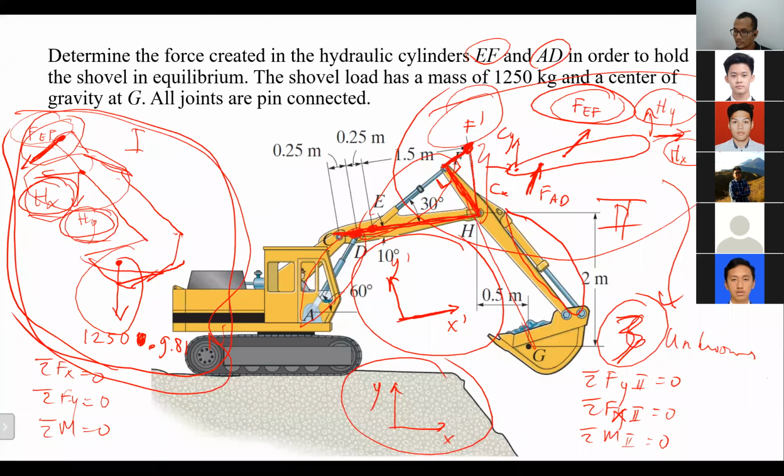But this one can still be used because of this particular point. Actually, we can just extend it here, and then the calculation is based on the F action point. That's what you're supposed to do.